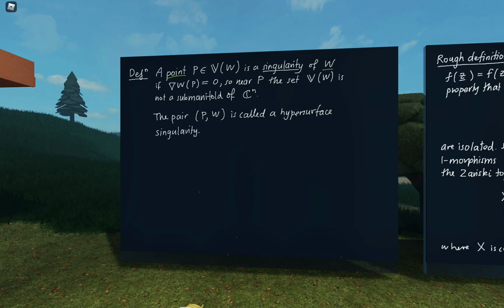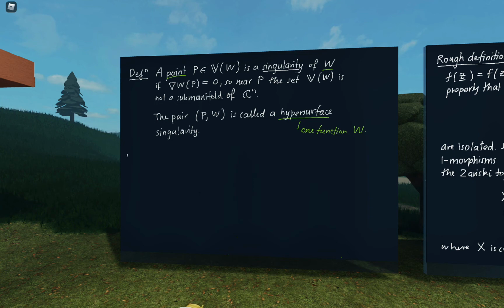Hypersurface just because there's one function, W. If you cut out a subset of Cn with more than one equation, unless you can find a way to write it as being cut out by a single equation, it's not a hypersurface. So a hypersurface is a subset of Cn cut out by one equation. That's all. Okay, so that's a hypersurface singularity.